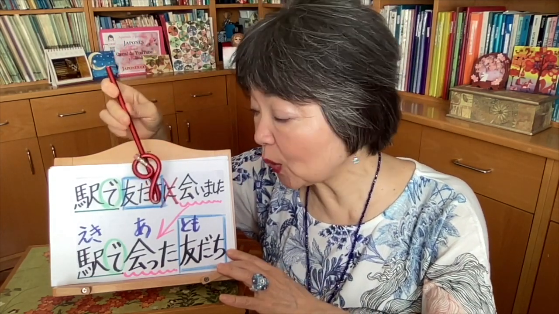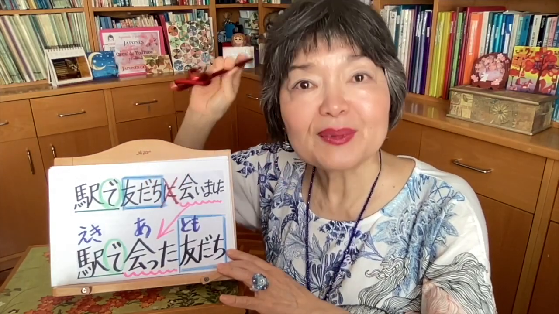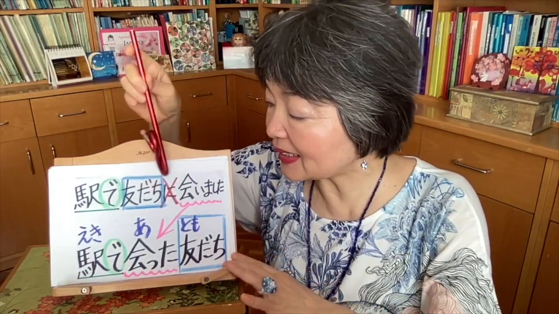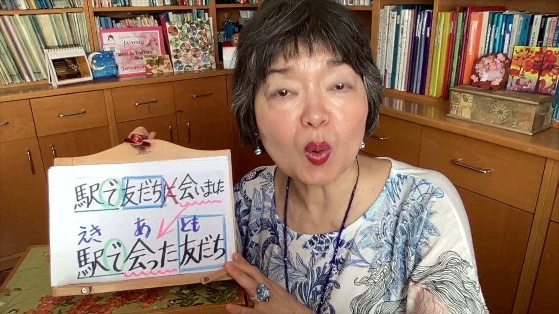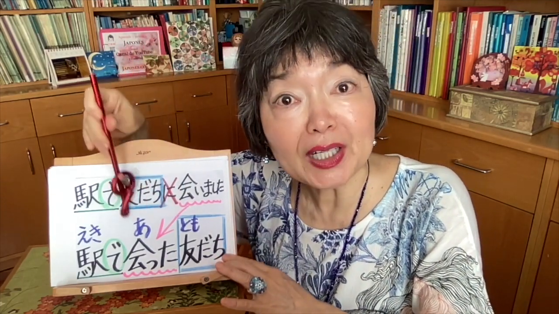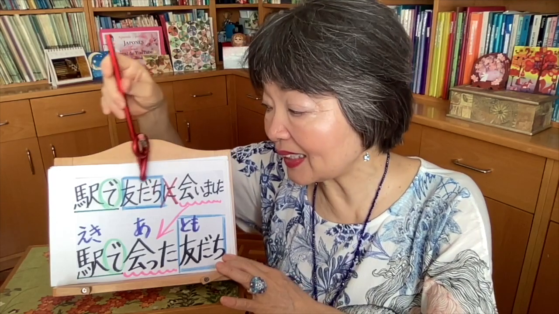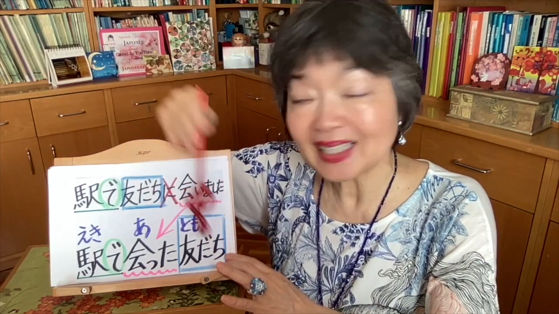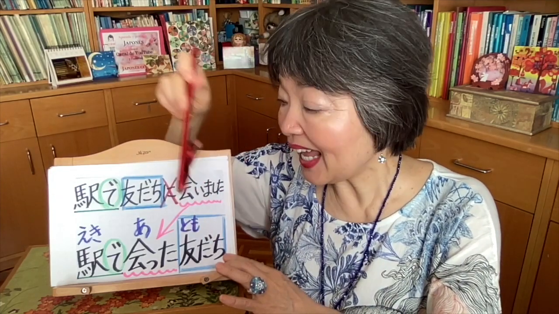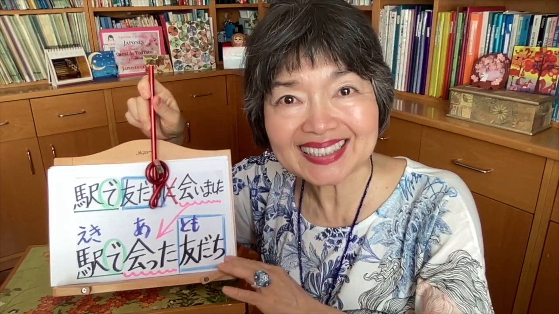This is why we are going to put it away and it disappears. Okay, so it means not only the particle を; it can be に, it can be で, any particle that goes with the noun that we are going to decorate. And this 友達 is going to be at the end, and we are not going to use に.